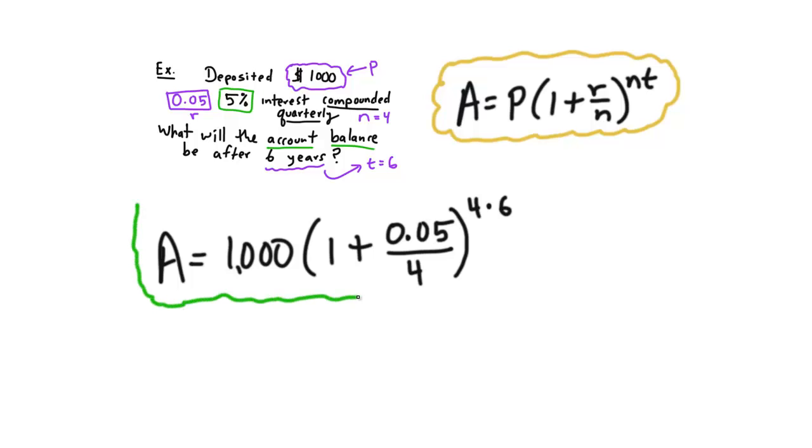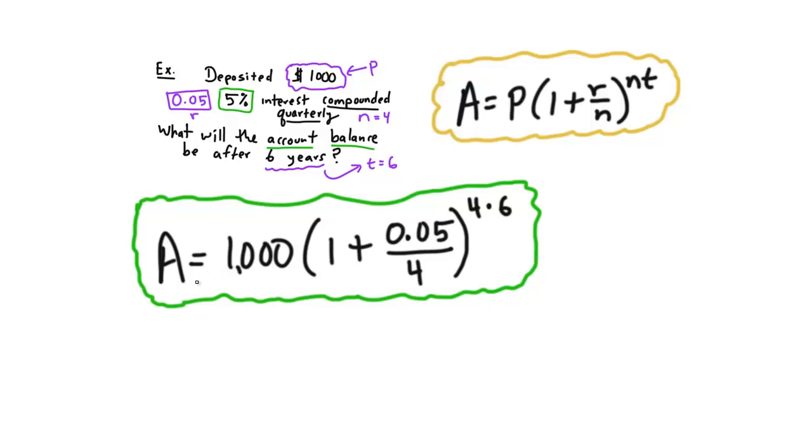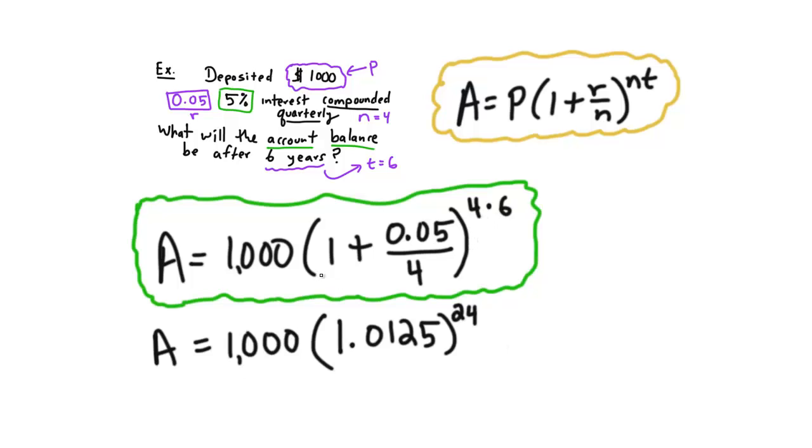We have the formula with the letters replaced with the known values, right? So capital A, which is the account balance, is equal to 1,000 times, in parentheses, 1 plus 0.05 divided by 4, and that's being raised to the 4 times 6 power. So now we're ready to reduce it.